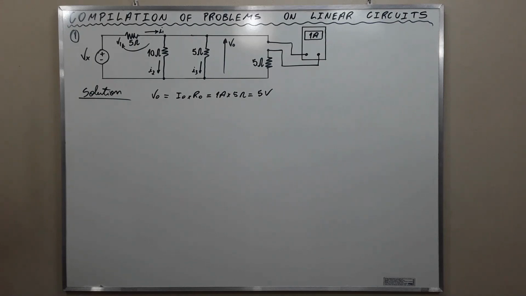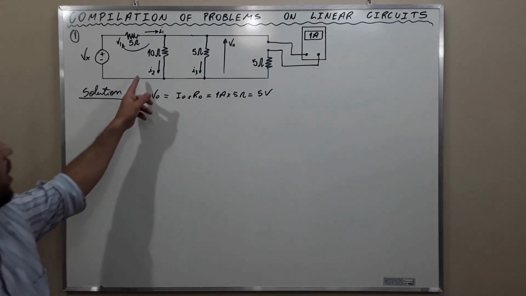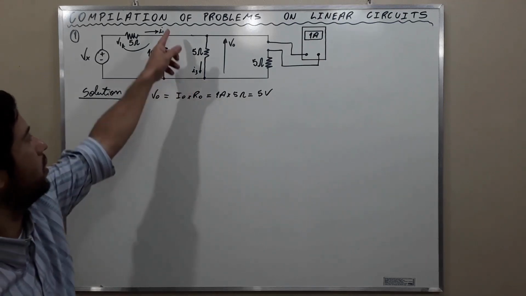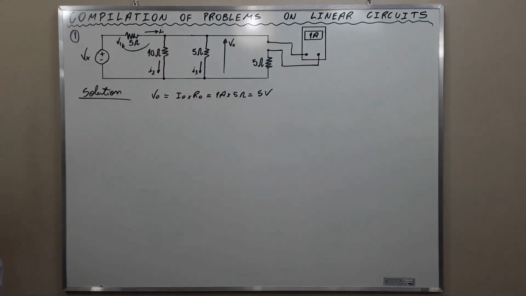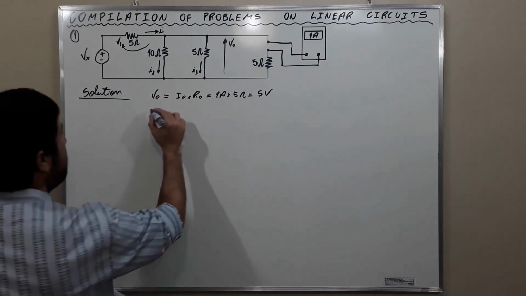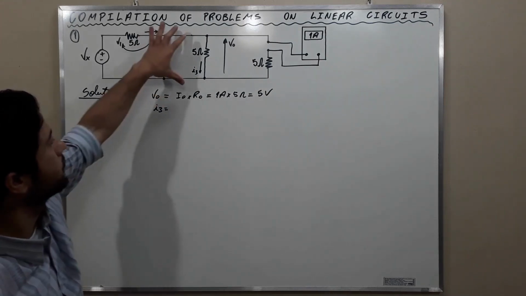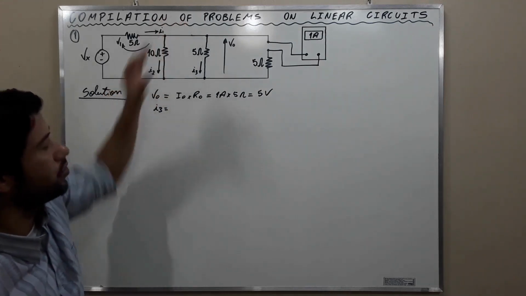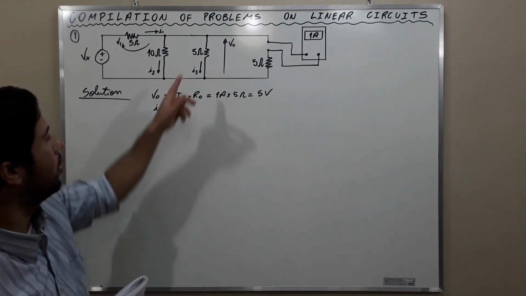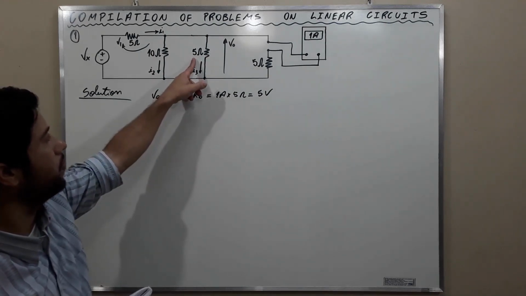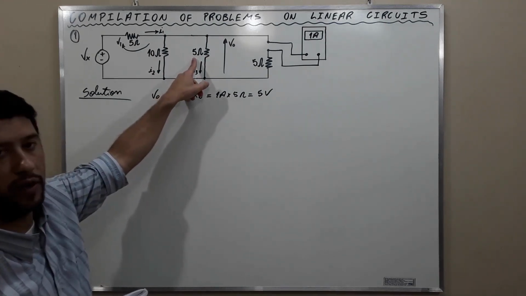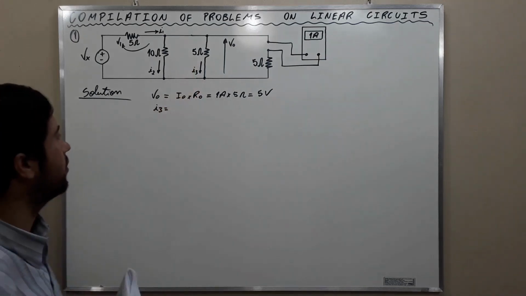Now let's find the currents I2, I3, and I1. To find I3, we simply divide the voltage on top of this resistor by the value of its resistance.